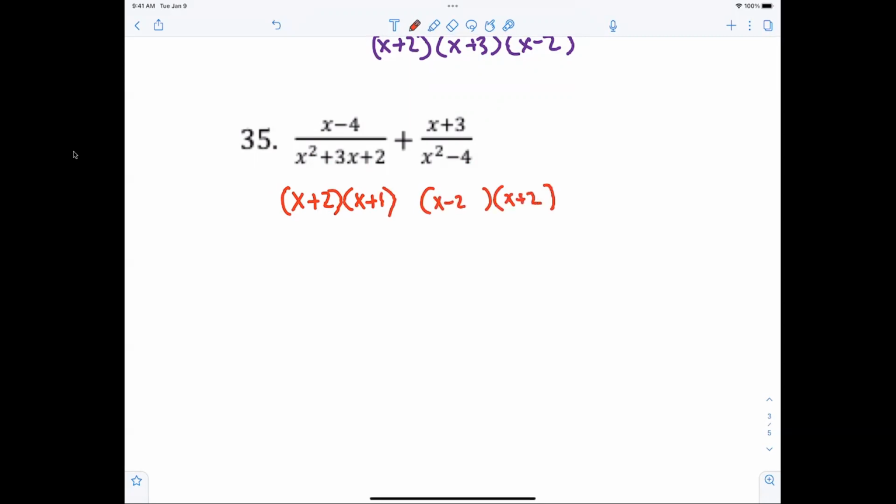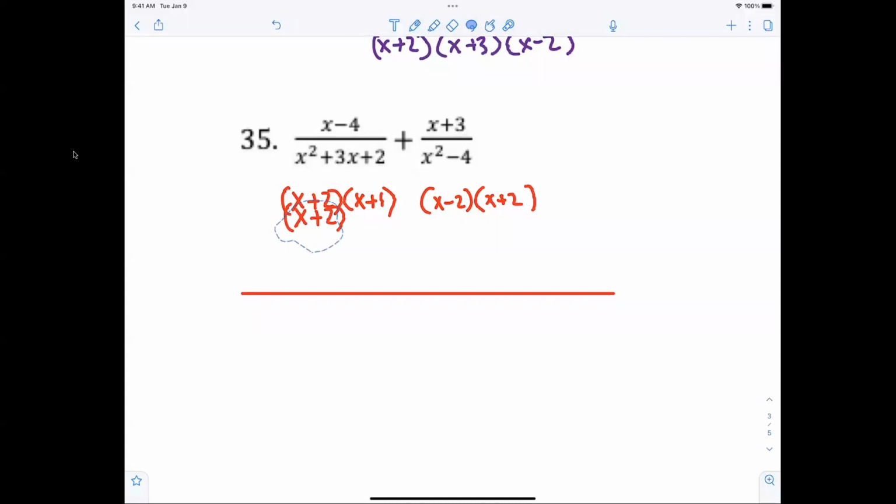All right, that was very good. Now from there, I want everybody to try to write down the common denominator. Then you can see if you understand it when we go over it. Tell me, common denominator. X plus 2, X plus 1.